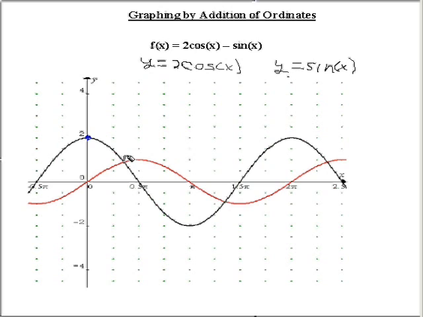Coming on over here, the y-coordinate for each of the 2 graphs is the same. So regardless of whether they're both positive or both negative, in this case both positive, we know that subtracting them right here is going to give us 0.